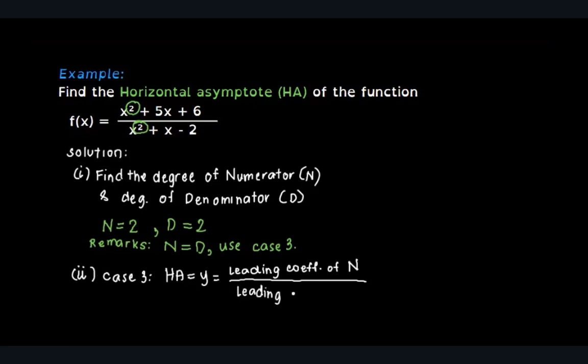Okay, ano bang ibig sabihin ng leading coefficient na yan, no? Dun sa highest degree, hahanapin natin yung number o yung coefficient ng highest degree natin. Okay? So that is the ratio of the leading coefficient.